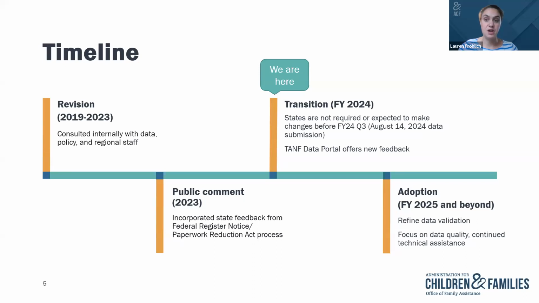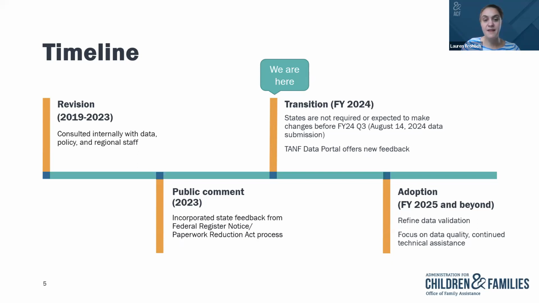And states are not required or expected to make changes before halfway through this year, fiscal year 2024, Q3. And that's not to say you have to make changes by then, but we're not expecting, and I'll talk a little bit more about that nuance or what's happening there.